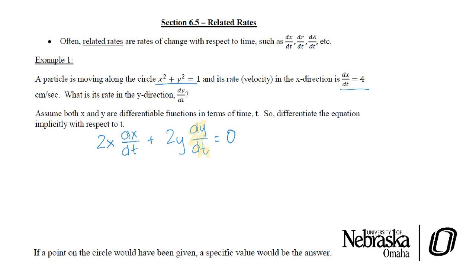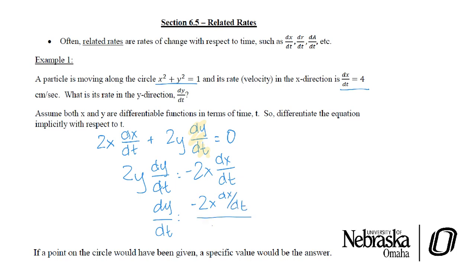In order to do that, first we want to subtract 2x dx/dt from both sides, and then we will divide both sides by 2y. So dy/dt equals negative 2x dx/dt, all divided by 2y.